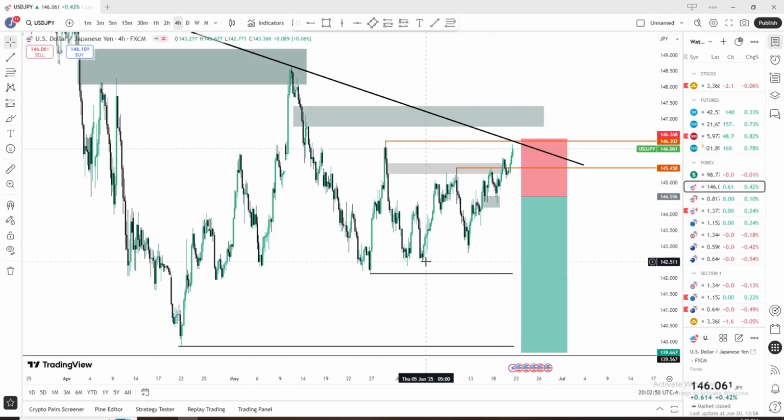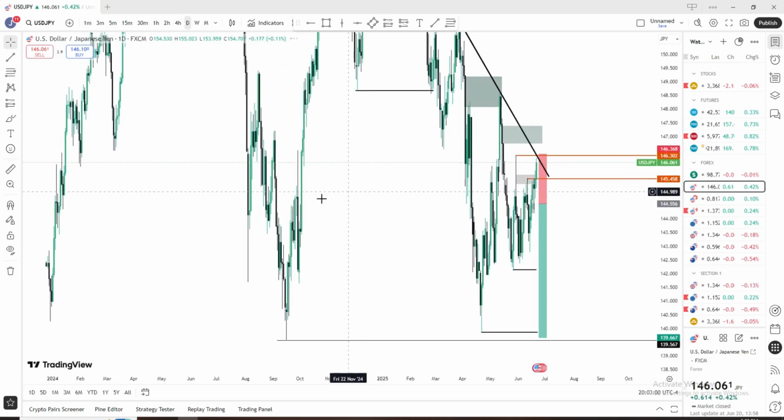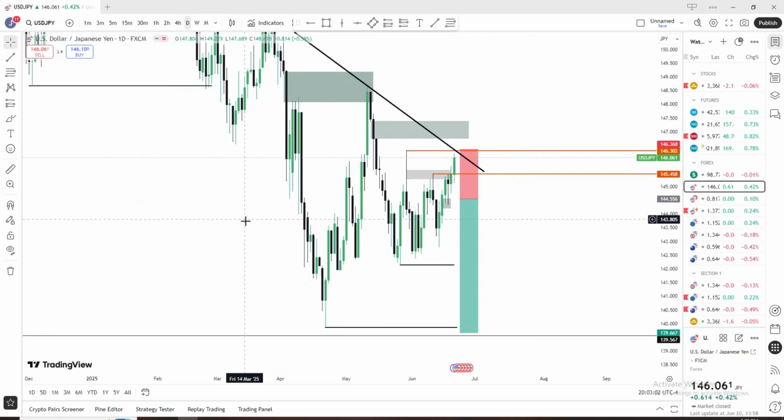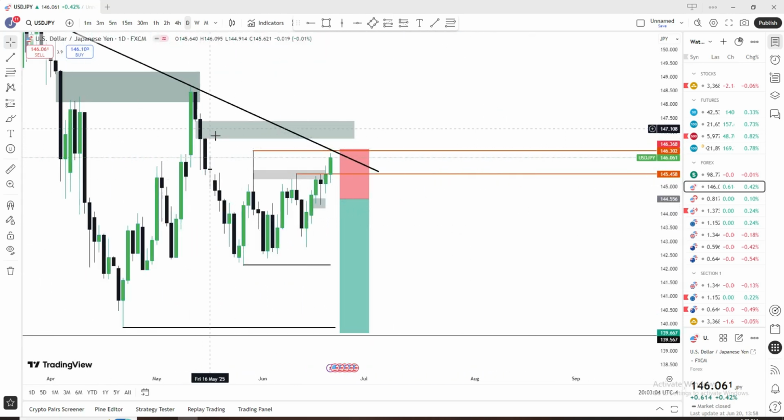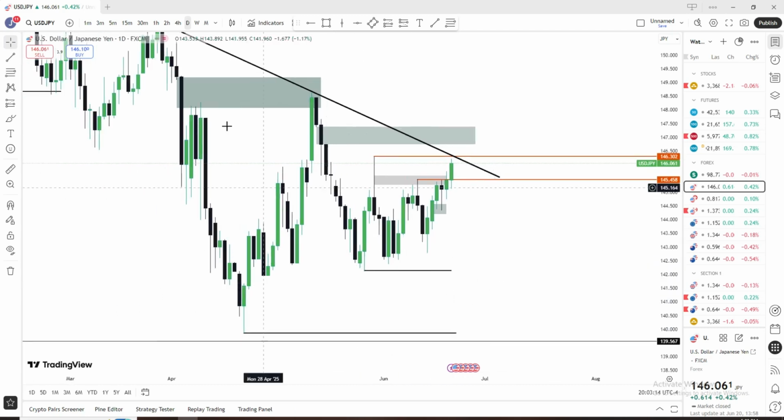This is the Japanese yen. You can see we've been looking for sales, but the market has just not been cooperating with us. From the daily, you can see we have a fair value gap here to the downside, so we might actually come up here, tap this before coming down, right?